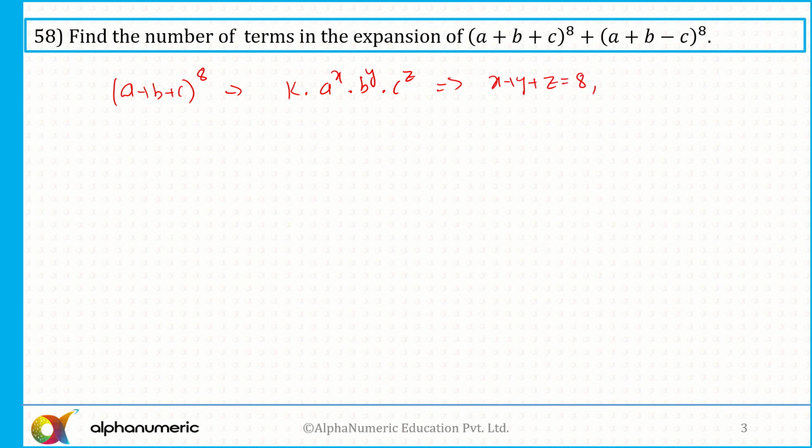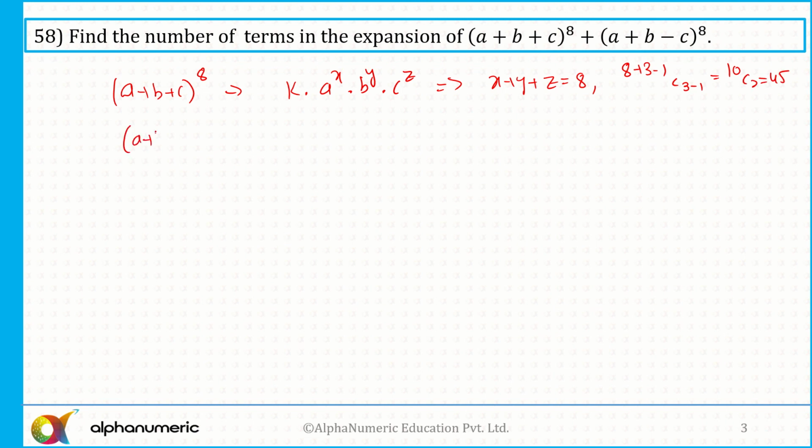So what is the number of non-negative integral solutions? That is (8 + 3 - 1) C (3 - 1), which is 10C2, and that is 45.